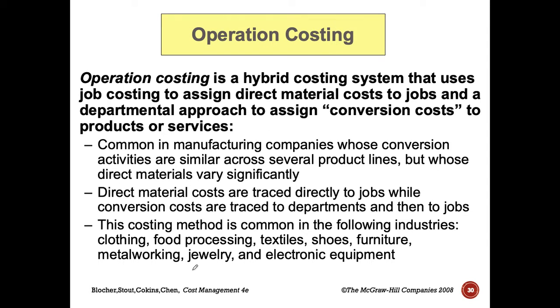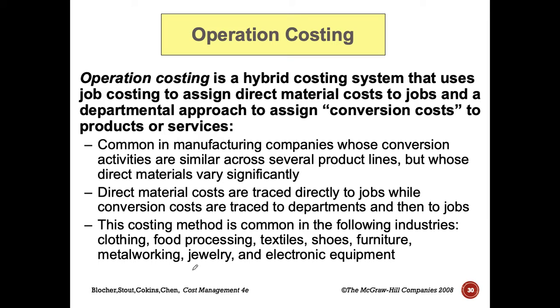Okay, now we move to operation costing. Operation costing is a hybrid costing system that uses job costing to assign direct material costs to jobs and a departmental approach to assign conversion costs to products or services. Common in manufacturing companies whose conversion activities are similar across several product lines, but whose direct materials vary significantly.